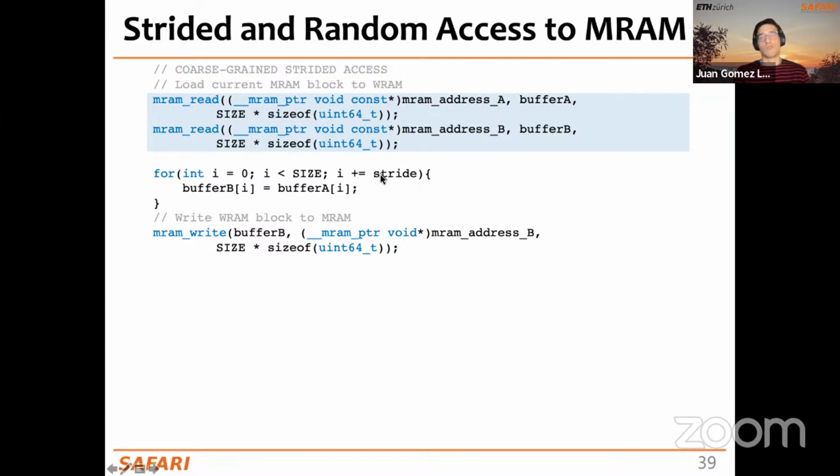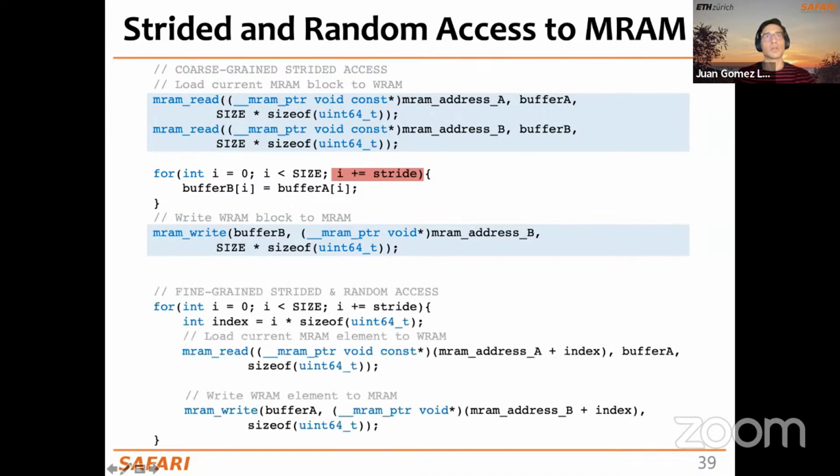So if this says, for example, 2, we would only be accessing the even numbered elements of buffer A and buffer B. In this case, we are first of all performing this MRAM read operation for both input arrays A and B. Then we perform the strided accesses in WRAM, and finally we write from WRAM to the MRAM the output of the accesses.